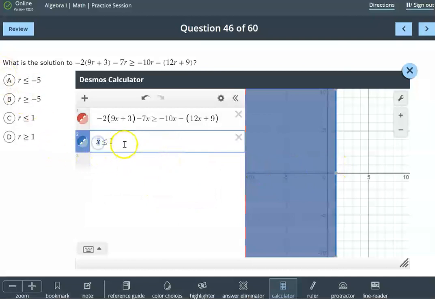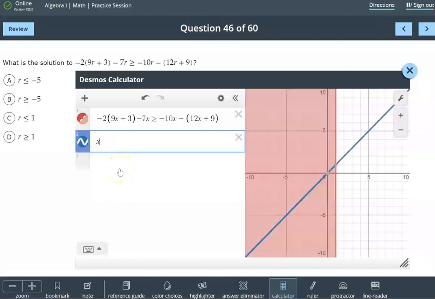Let's do one that's different just to show you. Let's try B. So I'll do X, greater than or equal to. And by the way, that's exactly how you type that. You type the greater than, which is on your keyboard. You shift and hit the button that has the period on it. Then type equal immediately after it, and it will put the two together.